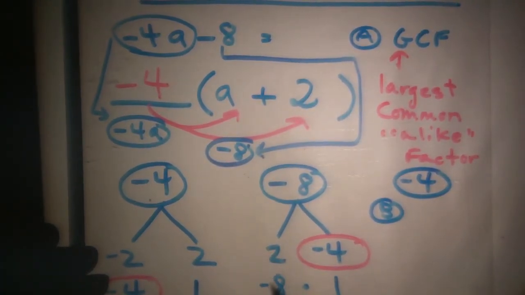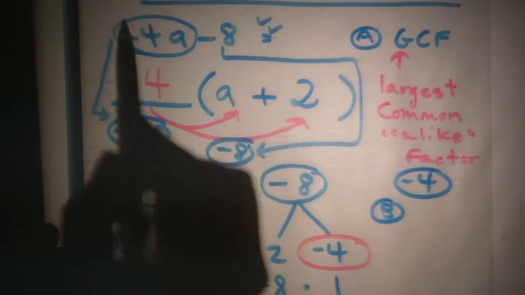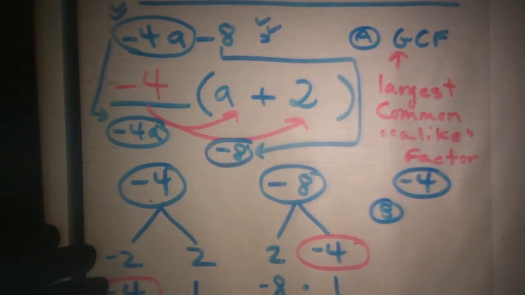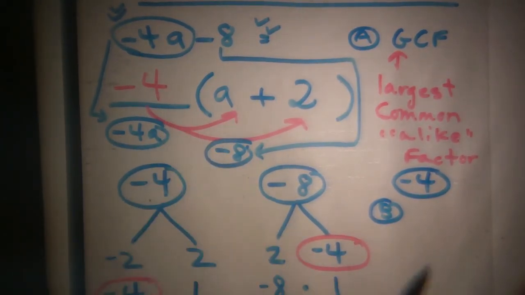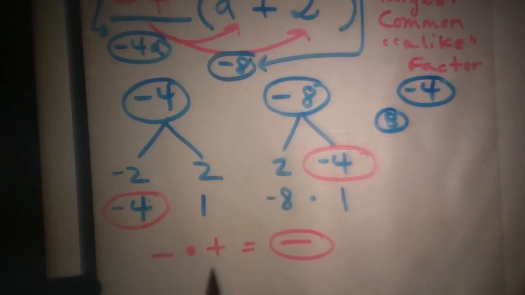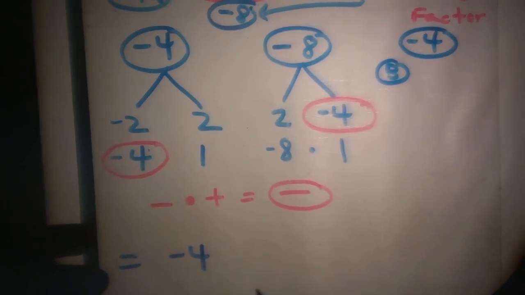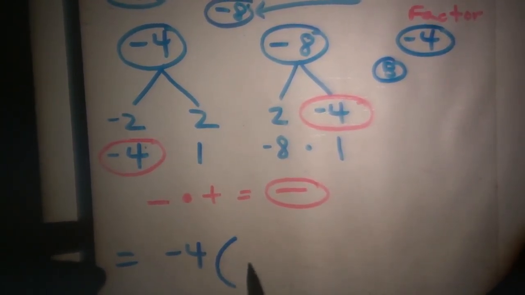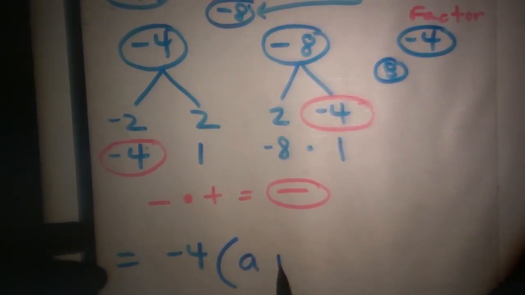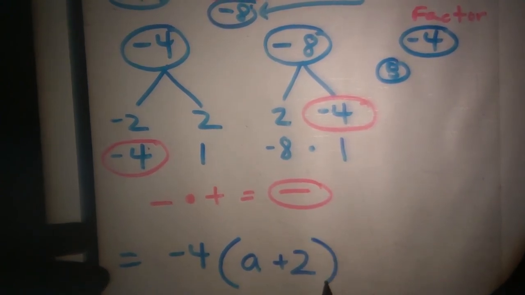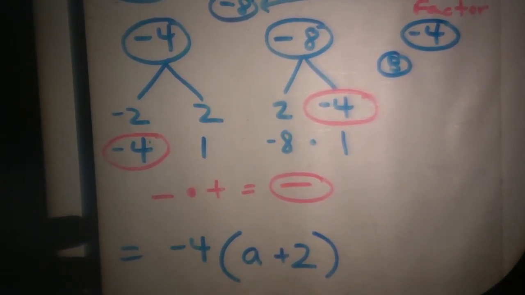Yep, they're both the same. Check, check, and double check. So there's our solution. Our answer is, when we rewrite it, negative 4 on the outside, in the parentheses, a plus 2. That's our factored expression.